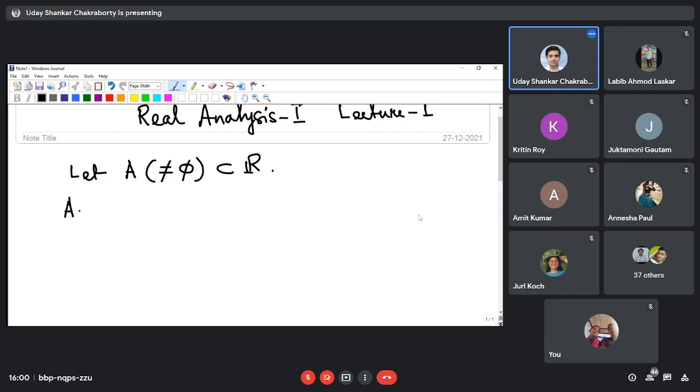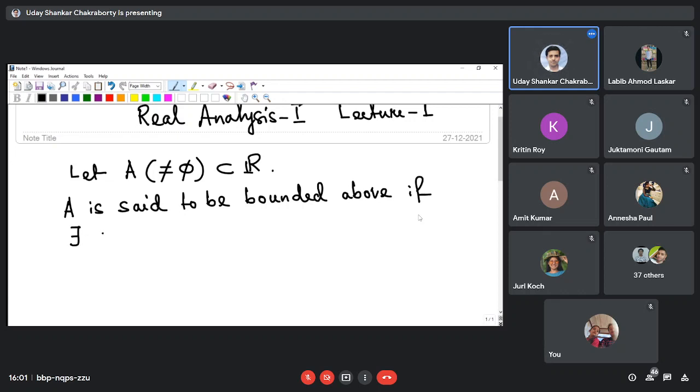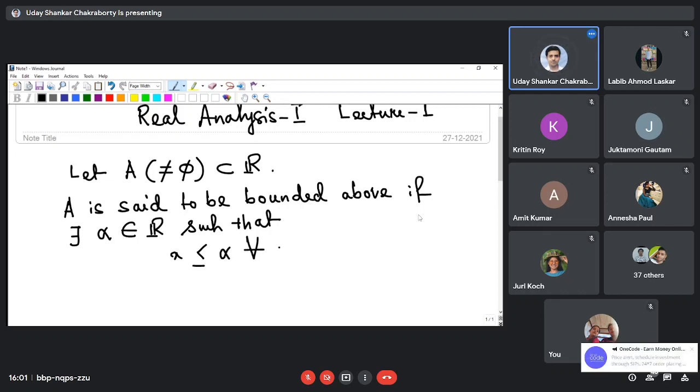A is said to be bounded above if there exists some real number alpha such that x is less than or equal to alpha for all x in A. Is the definition clear to you?